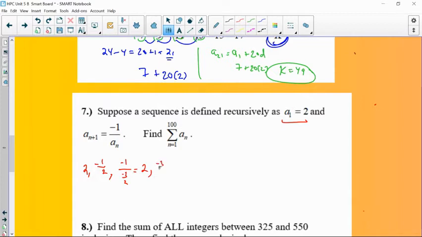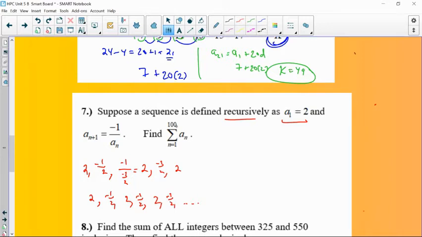Oh, so -1/2. And then -1 divided by that. Oh, we're back to 2, right? We just did it. So it looks like this sequence is 2 and then -1/2, and then 2 and then -1/2, and then 2 and then -1/2. So even though it was originally defined as a recursive sequence, I definitely see a pattern. It's also an alternating sequence, right?